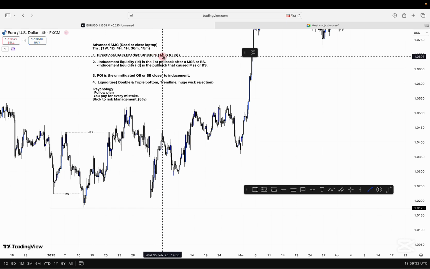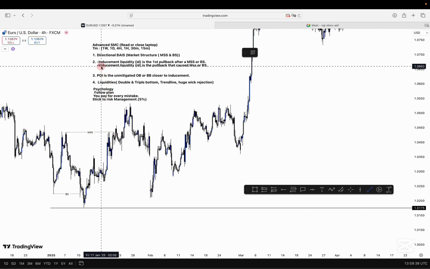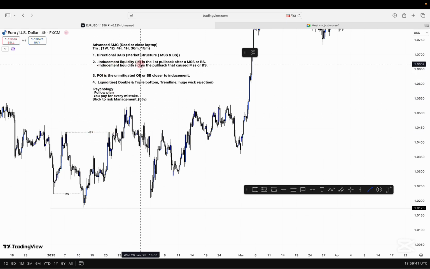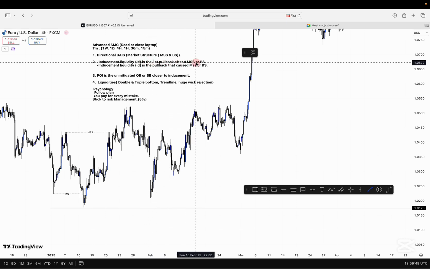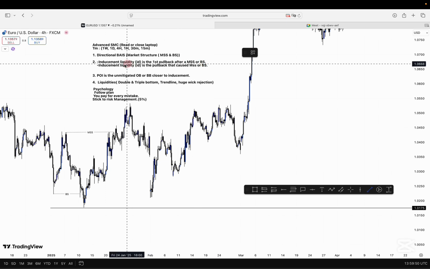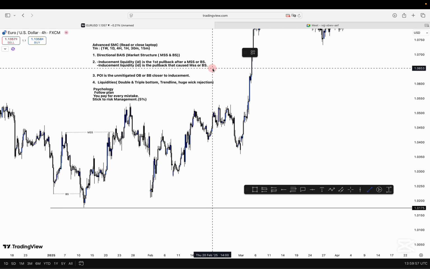Is the market structure a market structure shift or a break of structure? So now we have a market structure shift. Second, identify the inducement, and we define inducement as one, the first pullback after a market structure shift or a break of structure, and two, the pullback that caused the market structure shift or a break of structure.